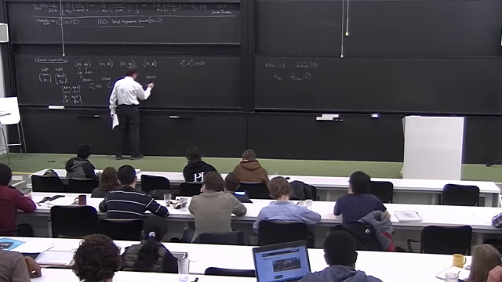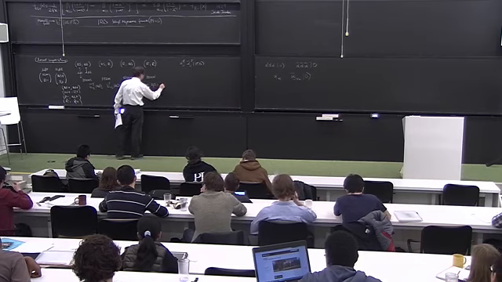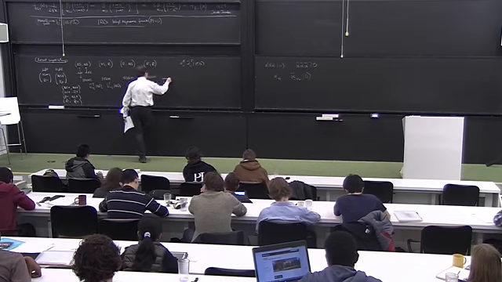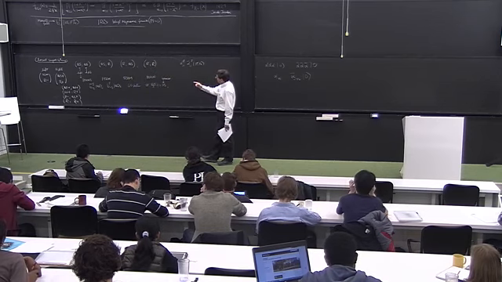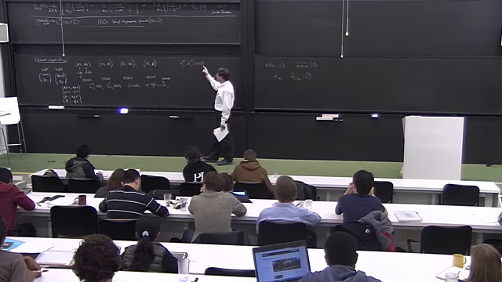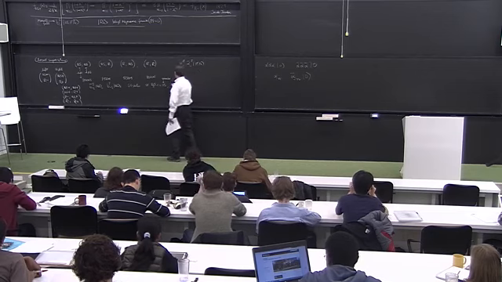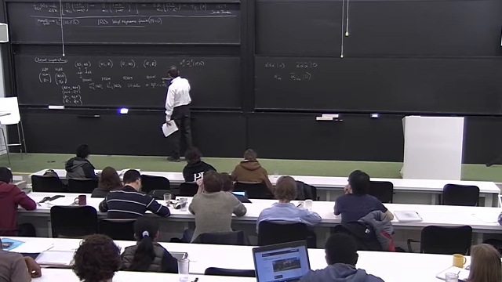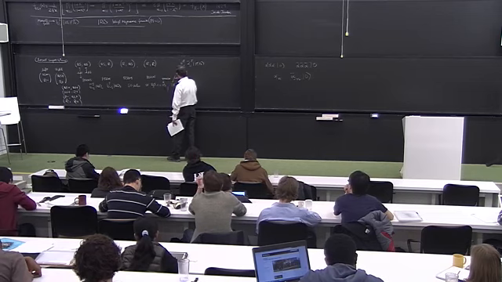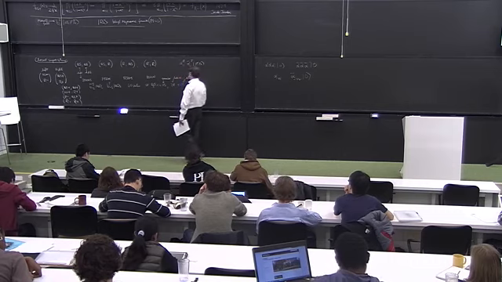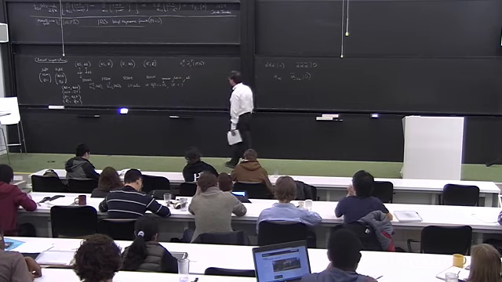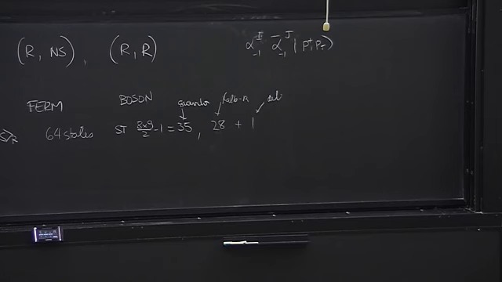Symmetric traceless is 8 times 9 over 2 minus 1 equals 35 for a graviton. Antisymmetric is 8 times 7 over 2, 28 for a Kalb-Ramond. And 1 for a dilaton. And these better add up to 64. Do they? Yeah, they do.